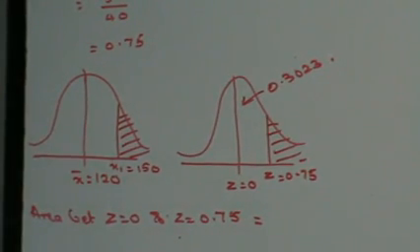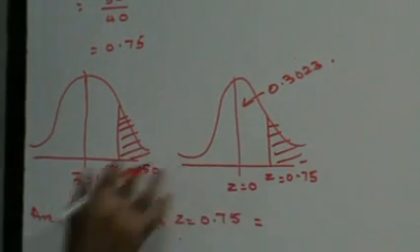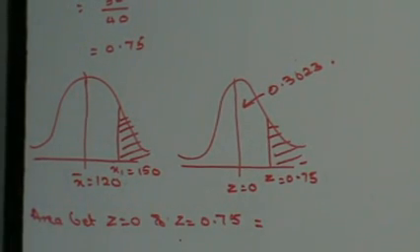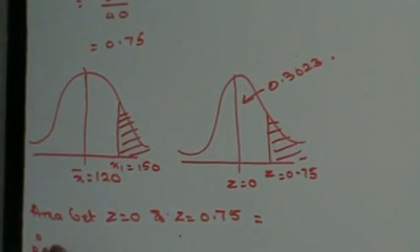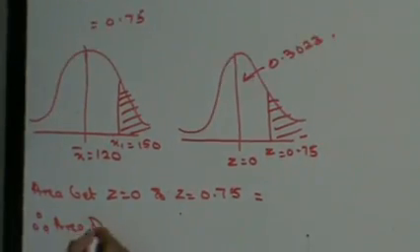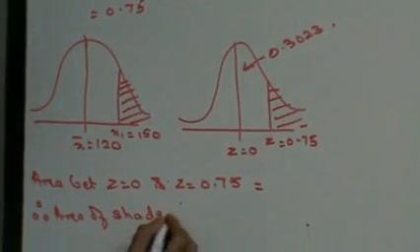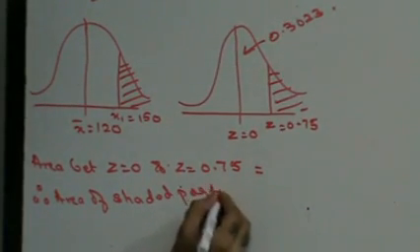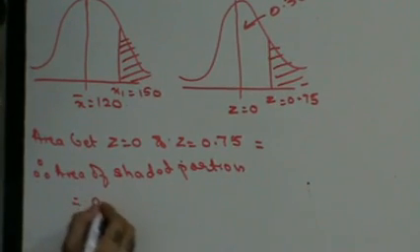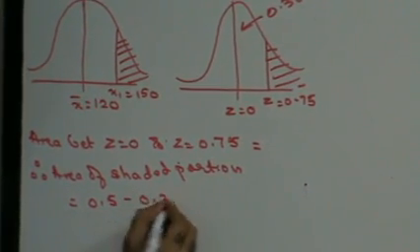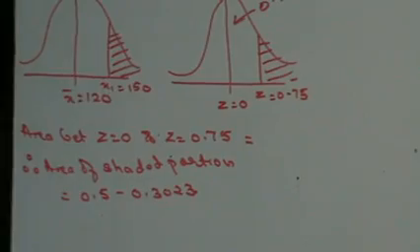Now, you should know that the bell curve is symmetrical. The total area of the bell curve is 1, so each half will be 0.5. Therefore, the area of the shaded portion will be 0.5 minus 0.3023.